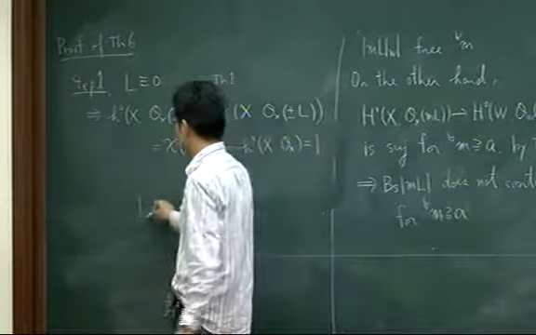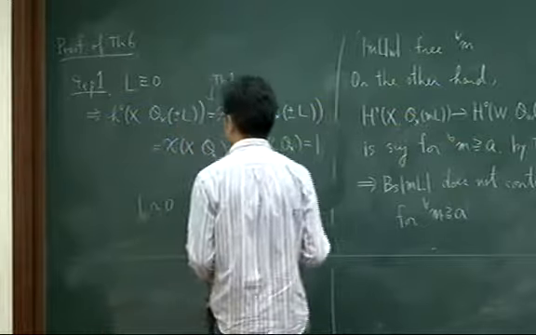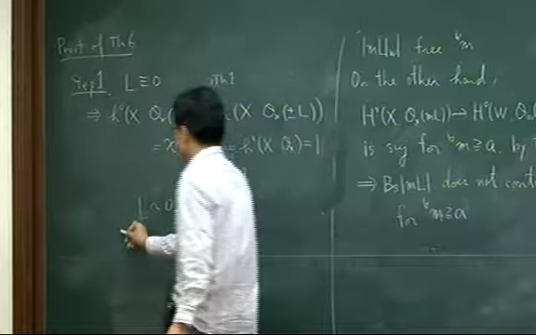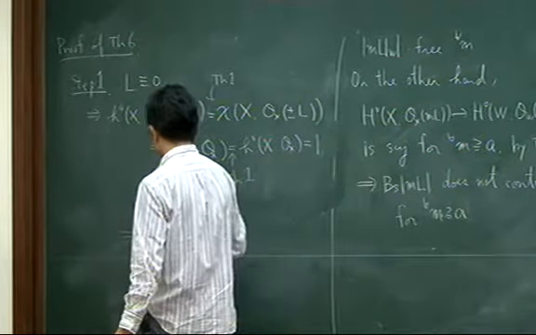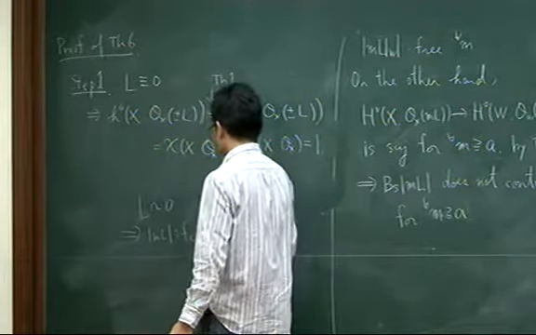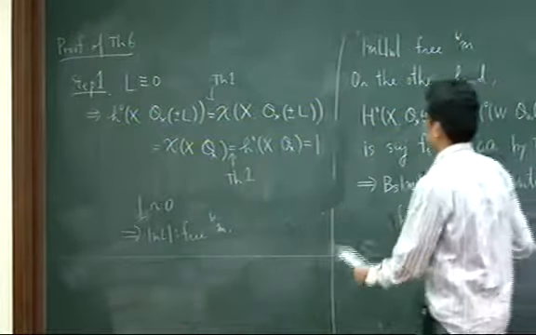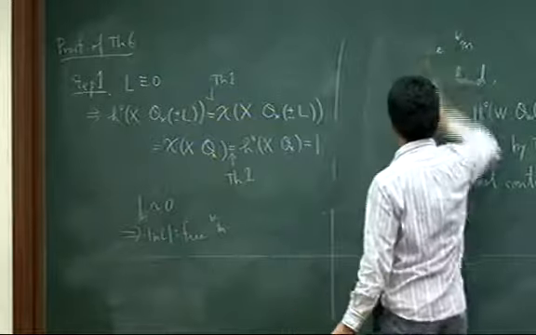So L is linearly trivial. So in this case, ML is free for any M. So from now on, we can assume that L is not numerically trivial.